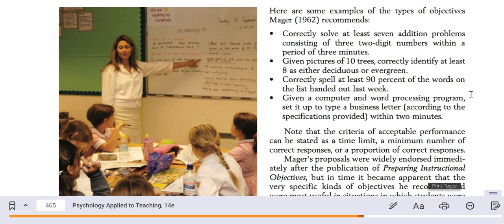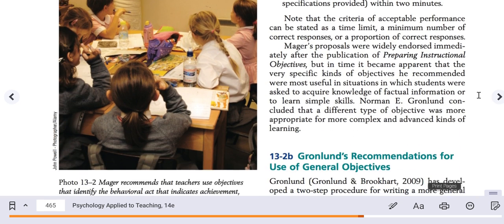Given a computer and word processing program, set it up to type a business letter according to the specifications provided within 2 minutes. Note that the criteria of acceptable performance can be stated as a time limit, a minimum number of correct responses, or a proportion of correct responses.